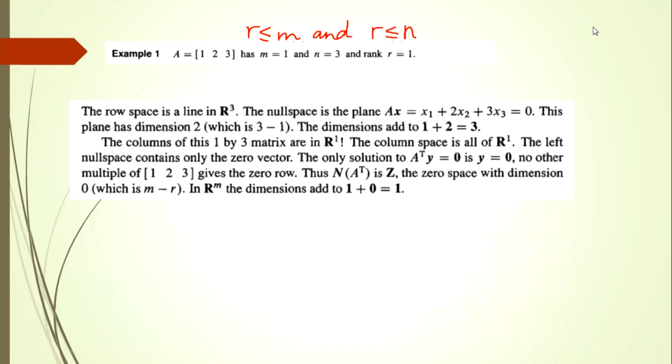Now, let's check the row space, column space, null space and the left null space one by one. First, the column space. We have already mentioned the dimension of the column space is 1, right?